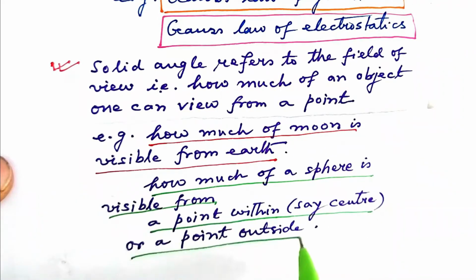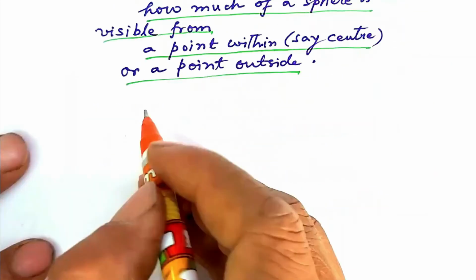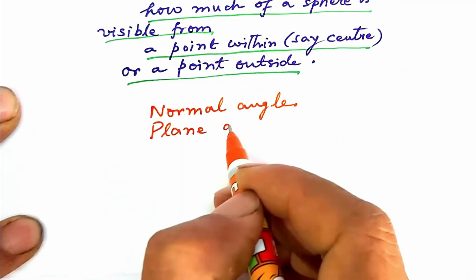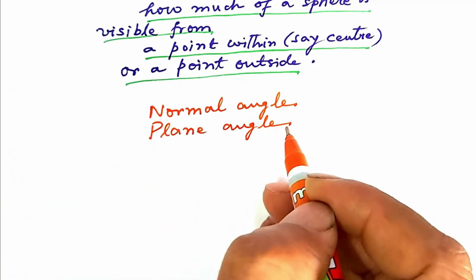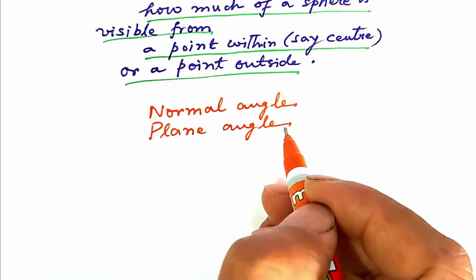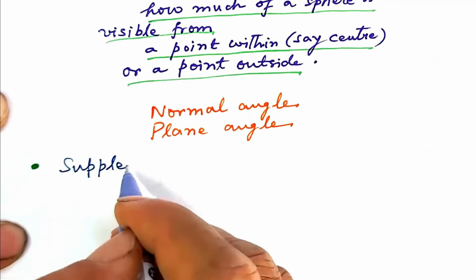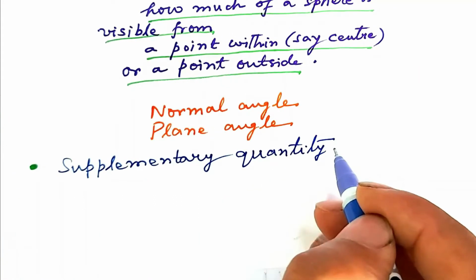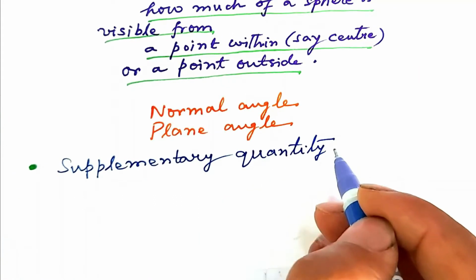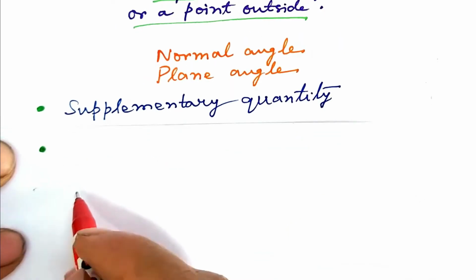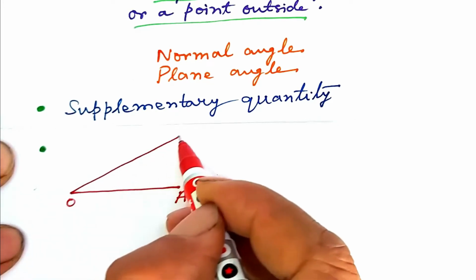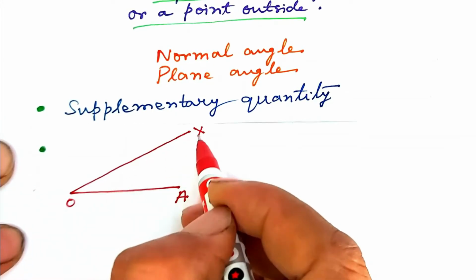Before moving to solid angle, let us recapitulate the essentials regarding what we call normal angle or plane angle, that we generally refer to as simply angle. Angle is a supplementary quantity. It is not a fundamental quantity or derived quantity. Consider a line OA and another line, call it OX.